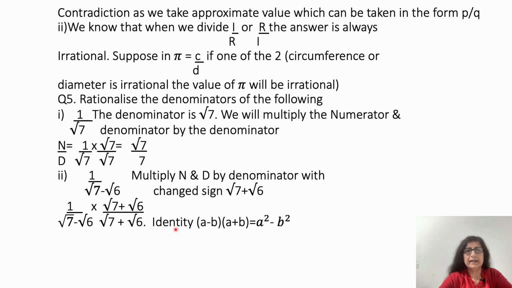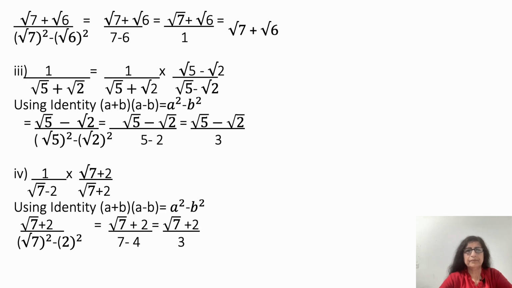Using the identity, a minus b into a plus b is equal to a square minus b square, we get under root 7 plus under root 6 upon under root 7 square minus under root 6 square.